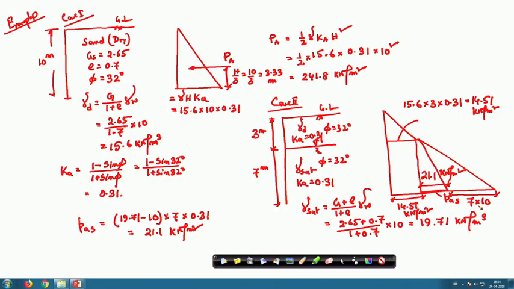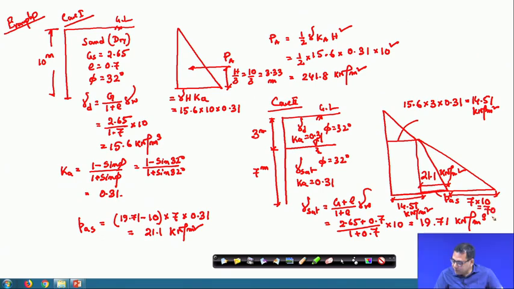So this third part will be 70 kilonewton per meter square. Finally, we have 14.51, 21.1 and 70. 70 is due to the water, and 21.1 and 14.51 are due to the soil. So this is the earth pressure distribution if we have water.